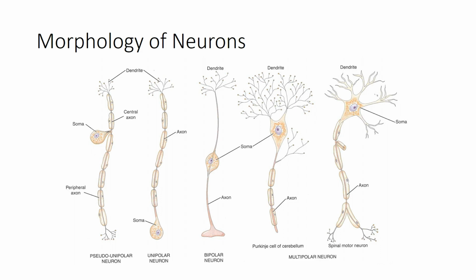Here are some different drawings of neurons that are in your text that give you some idea of what these different neurons look like. The unipolar neurons on the left don't have any dendrites coming into the soma to provide information into the neuron. The bipolar neuron in the middle has dendrites coming into the soma and then an axon sending information out.